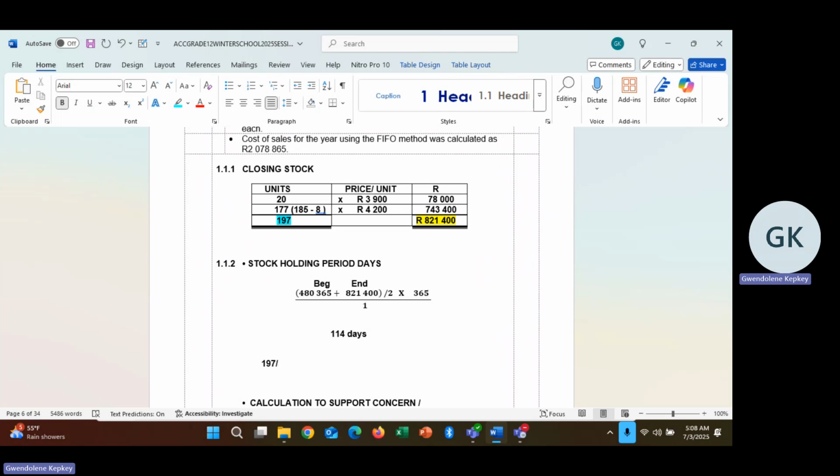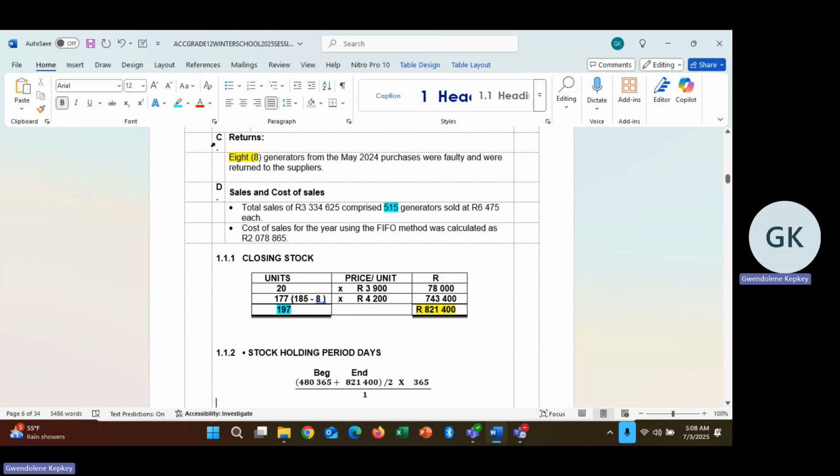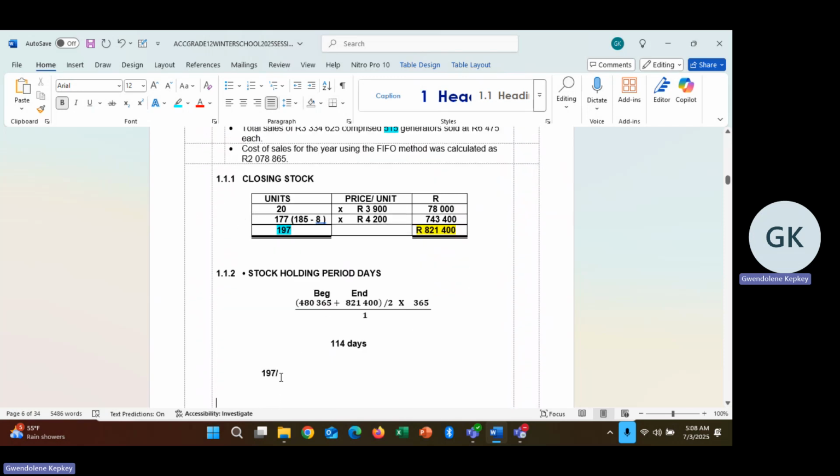Then in your information D, it tells you how many items you have sold, 515. So I will divide 197 by 515 and multiply it by 365. I will come to 139,6 days.